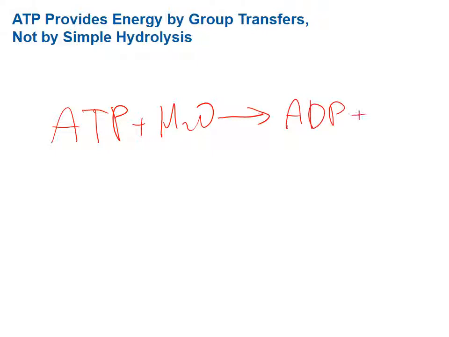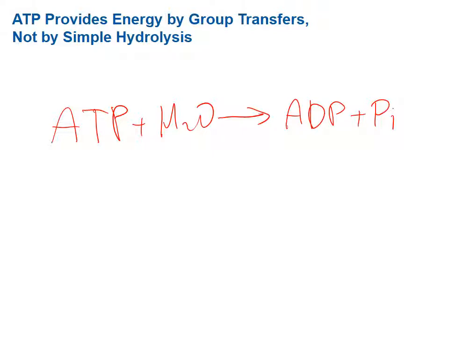So throughout this course, we have seen the following expression: ATP plus H2O produces ADP and an inorganic phosphate.